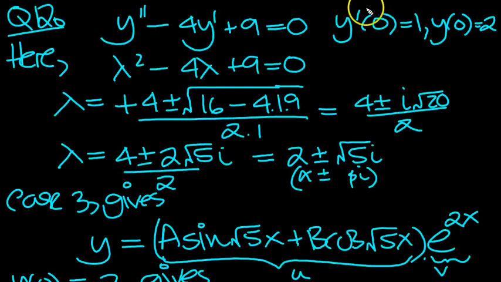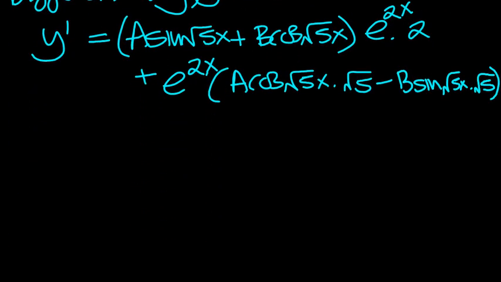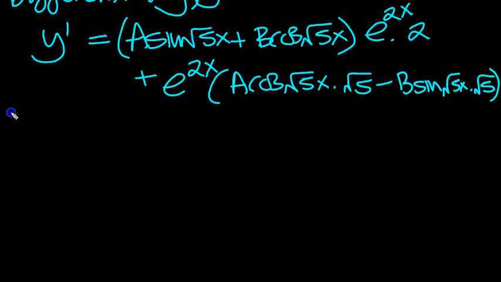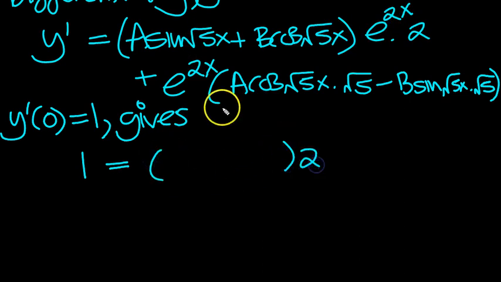So we've got the initial condition to put in now. Let's go back and get it. y dash 0 equals 1. So let's put that into this part of the problem. y dashed 0 equals 1 gives: at x equals 0, y dashed equals 1. So 1 equals, x is 0, so this will be 2. Now what's in the bracket?